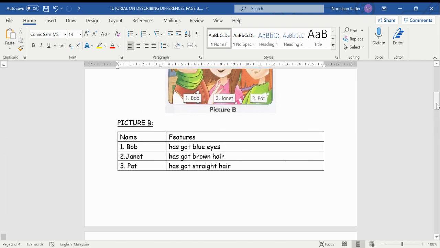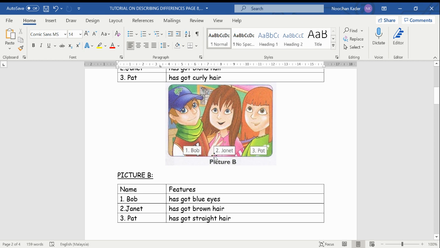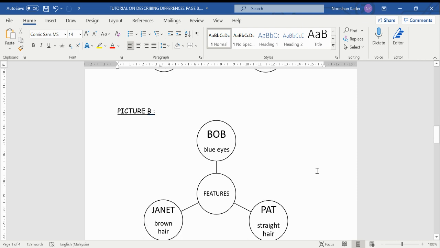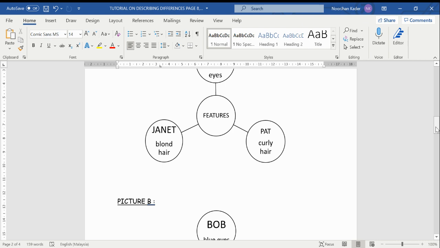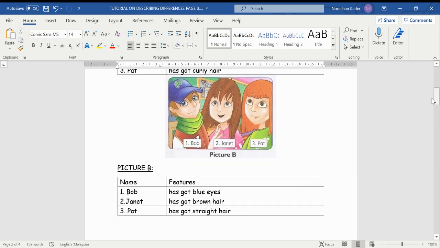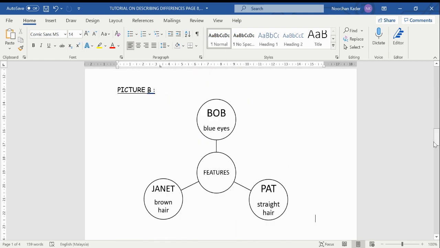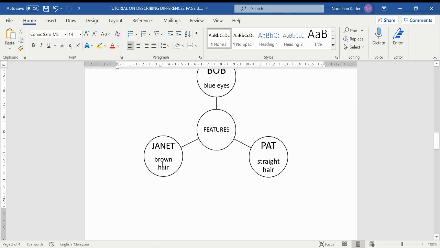Let's go to picture B. Bob has got blue eyes. Correct. Then Janet has got brown hair.